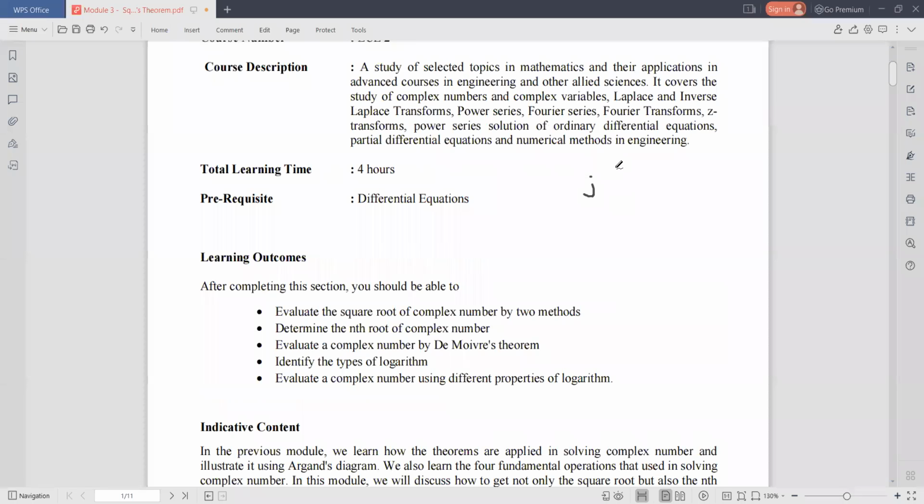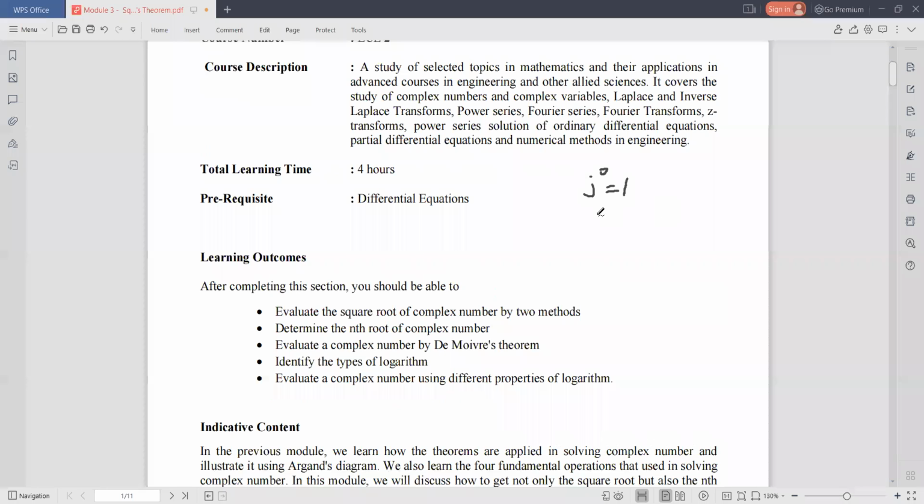So exponent rule tayo. So when you say j raised to 0, what is the value of j? Or what is the value of your i here? Lahat nga values ng j if j raised to 0. So obviously this would be 1. Okay, so j raised to 0 is 1.